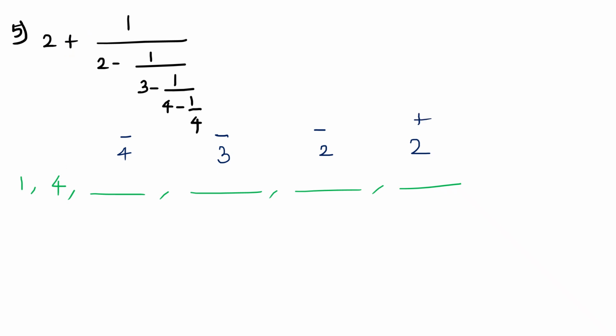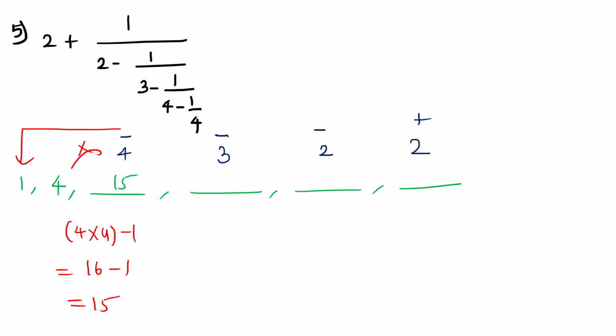Then multiply. You are going to multiply over here. 4 into 4. You have minus and you will do minus 1, which is 16 minus 1, that is 15 in the first blank. The next step, 15 into 3.